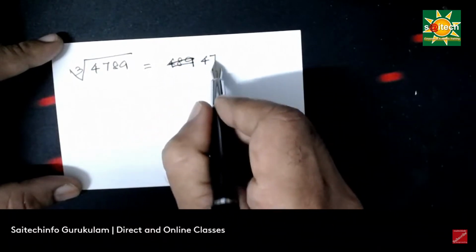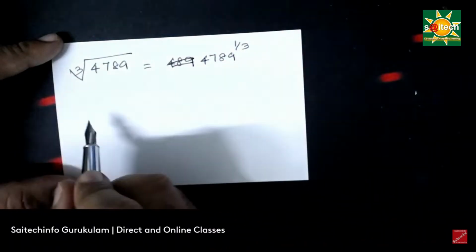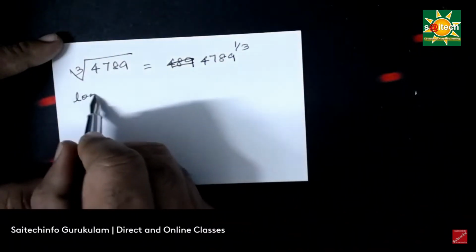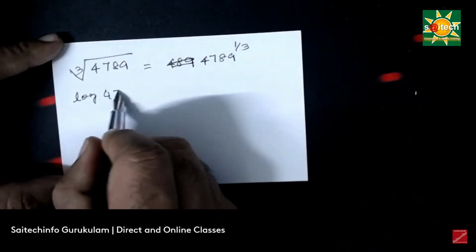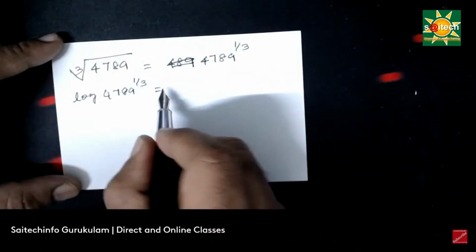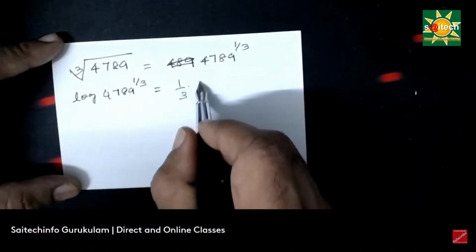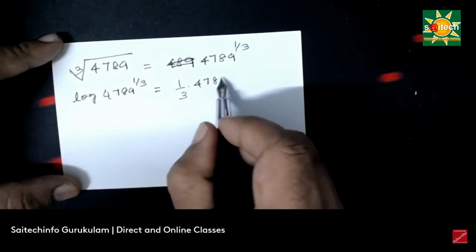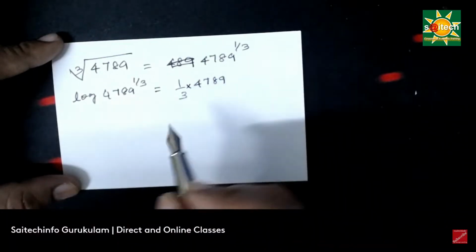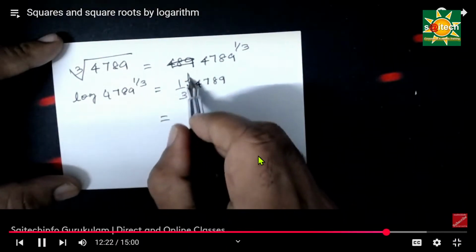That is 4789 power 1 by 3, the cube root. Therefore log of 4789 power 1 by 3. So apply the power rule. 1 by 3 into log of 4789. So you have to find out log here.